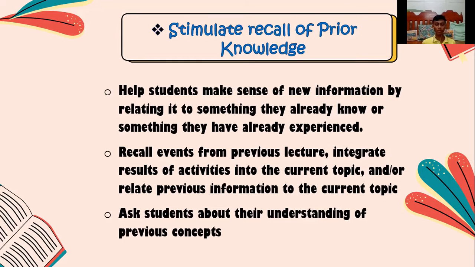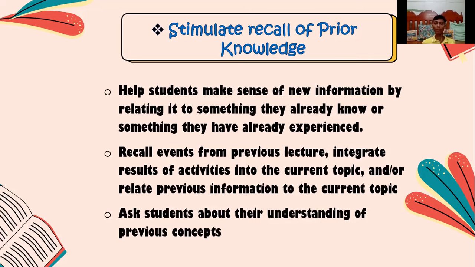Make connections between what they are learning and their previous learning. When people learn something new, it is best to correlate the new information with related information or topics they have learned in the past. So recall events from previous lectures, integrate results of activities into the current topic, and or relate previous information to the current topic.